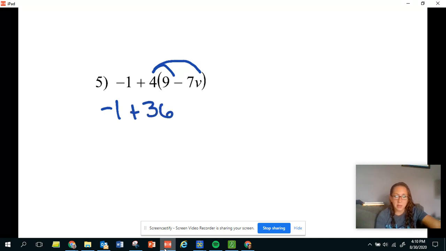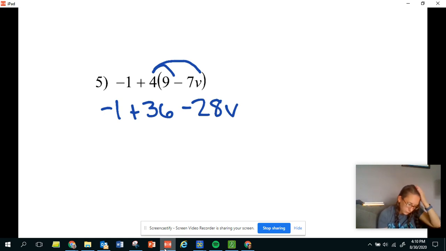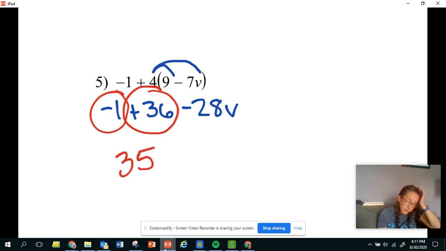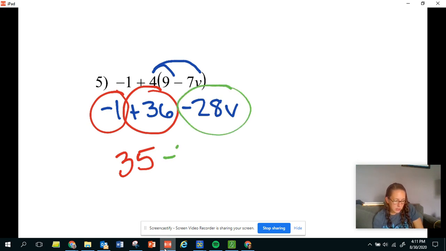And then 4 times -7 is -28, but I have to make sure I remember that it's going to have a b on it, because that 7 has a b. I do have like terms. I have the constants, so I'm going to add those together to get 35. And then I'm going to bring down this negative 28b. That's all by itself.